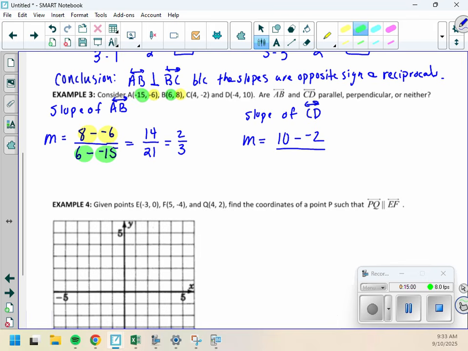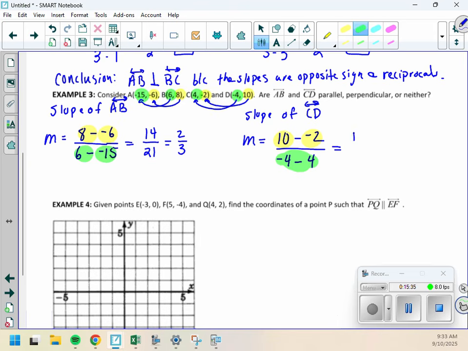Then you go -4 minus 4. That's this bottom part right here. Remember, you have to go in the same direction. So 10 minus -2, -4 minus 4. You have to always go in that same direction. Can't mix it up. You should remember that from Algebra 1. Now I end up with a 12 on the top, and on the bottom, I end up with a -8. And if you reduce this, divide by 4 on top and bottom, you get 3 over -2.